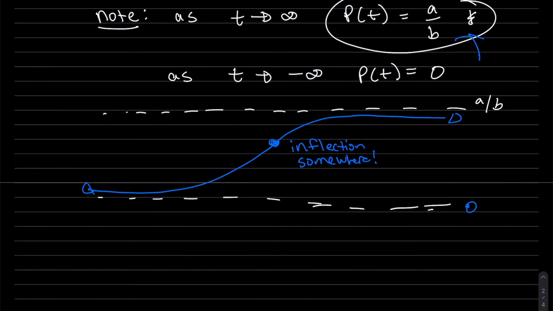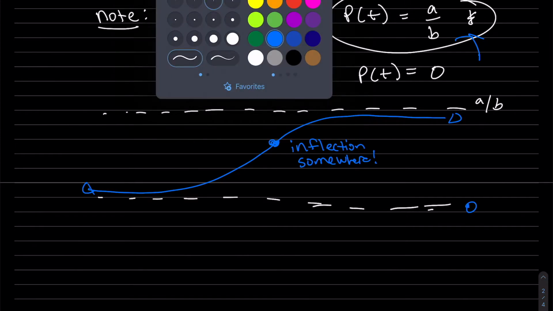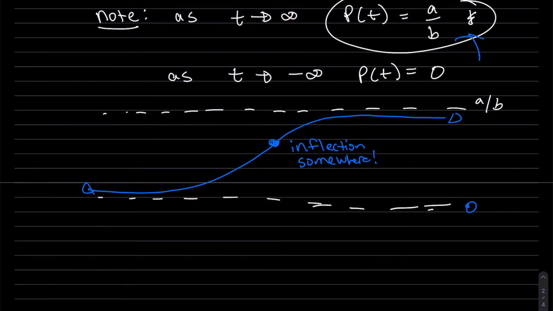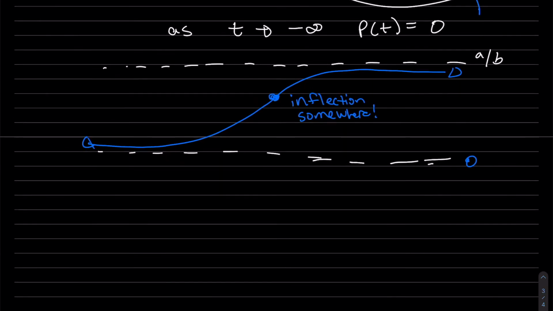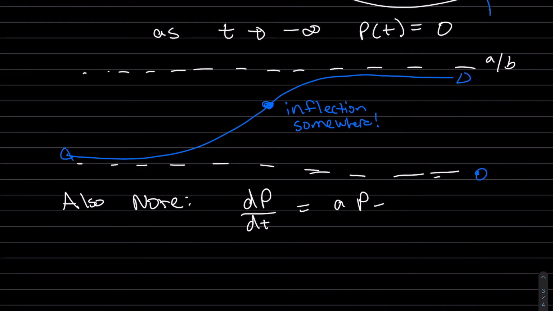This is our 0. So let's look at a little bit of calculus to find our inflection point, if you're interested. Our formula up there was the rate of the population in terms of time equals aP minus bP squared. I think it was P squared, yeah.